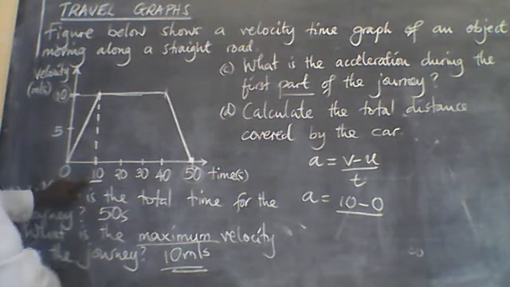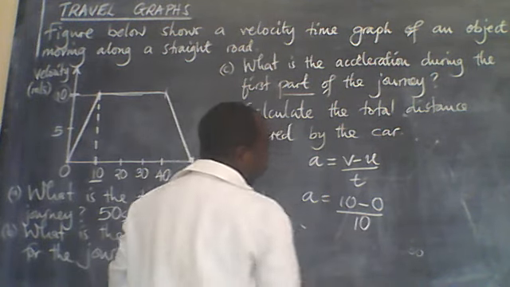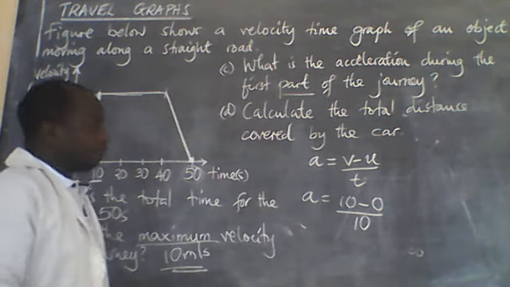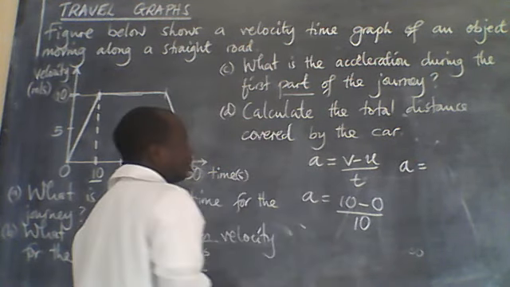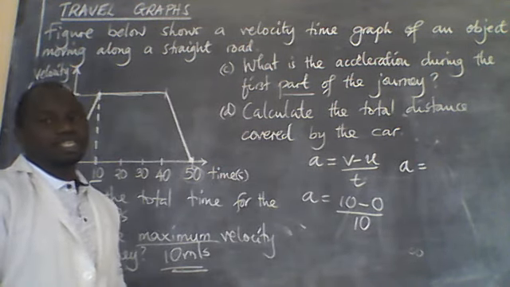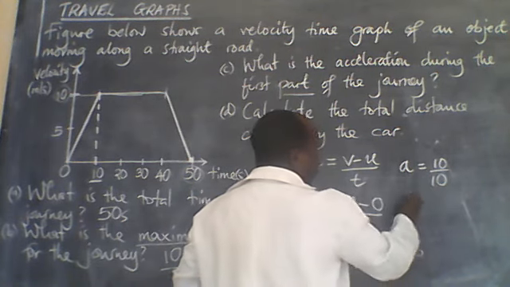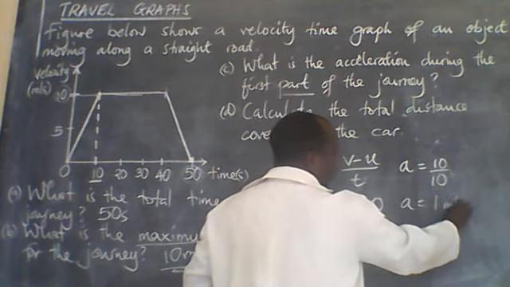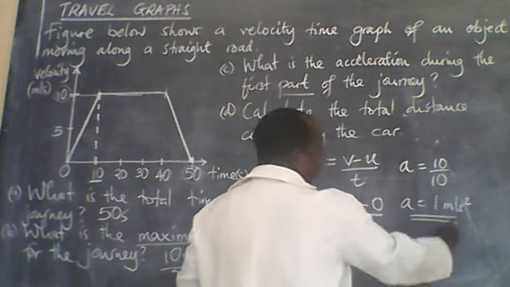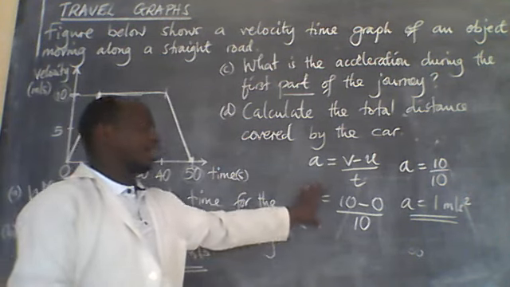So we have 10 there. So when we divide the two, acceleration will be equal to 10 divided by 10. Our acceleration will be 1 meters per second squared. This is what we have as our acceleration.